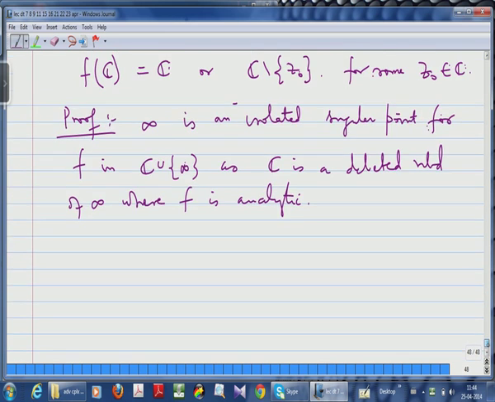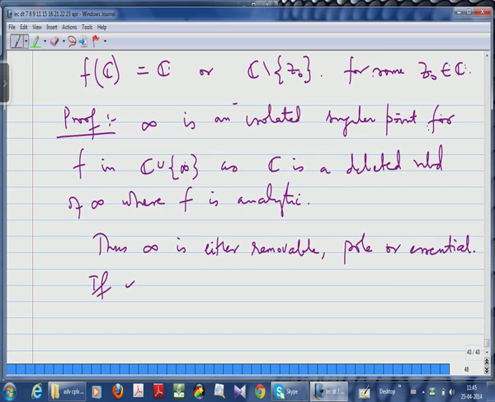Thus infinity is either removable, a pole, or essential.